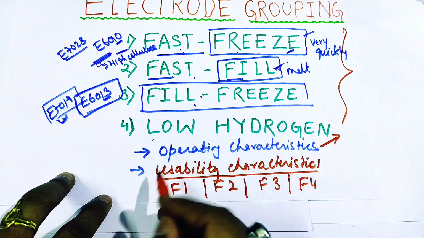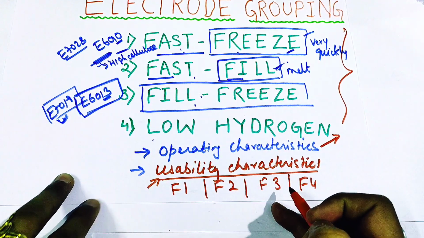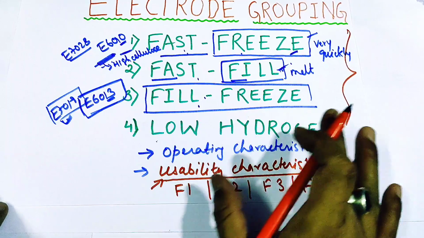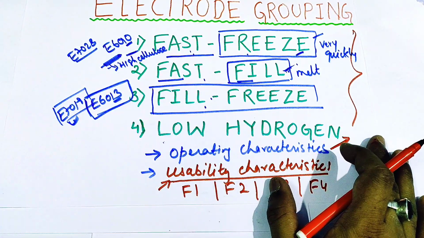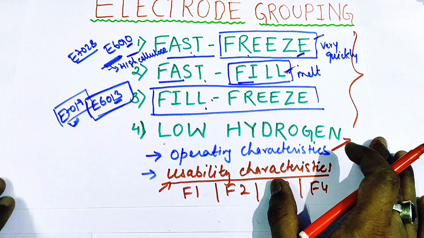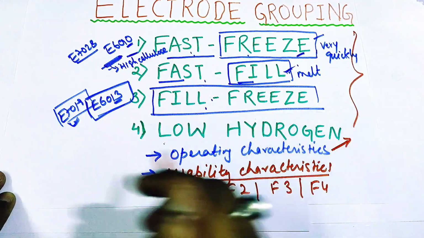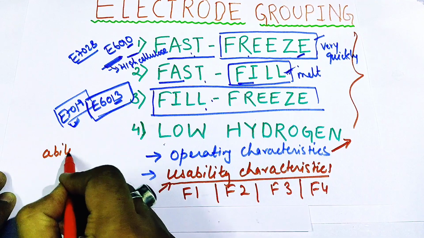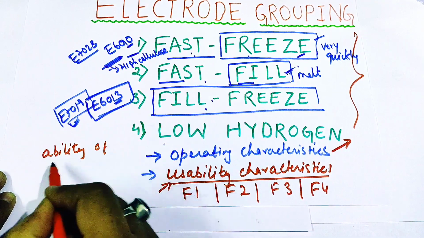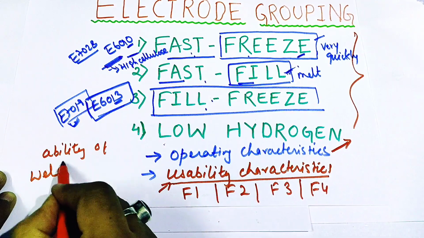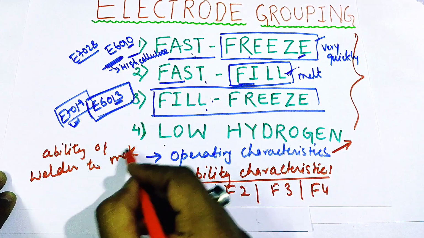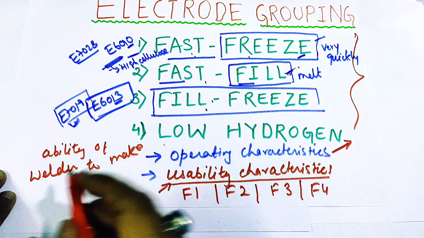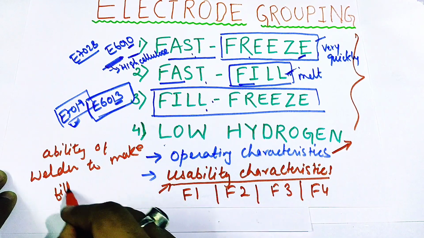So you might be having doubt about what usability characteristics are. So let me explain. See, usability characteristics fundamentally determine the ability of a welder to make a satisfactory weld for a given filler metal.